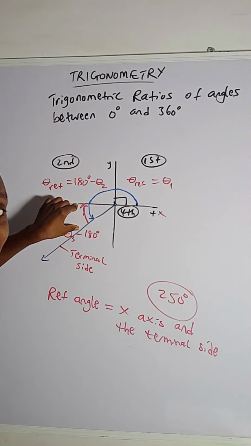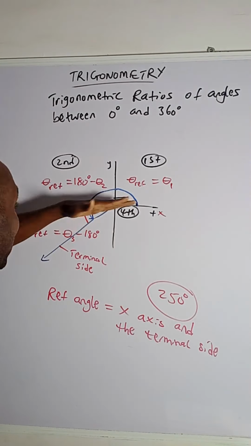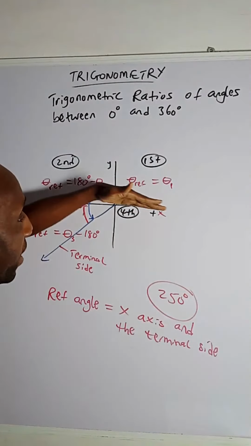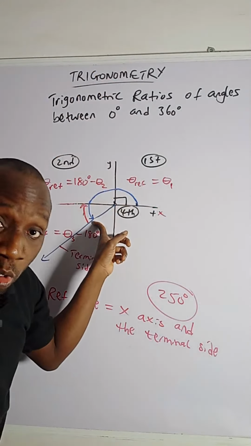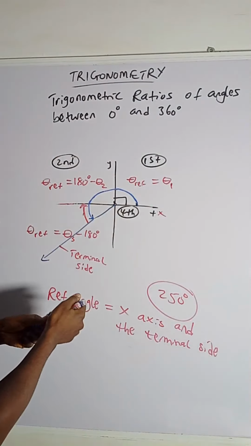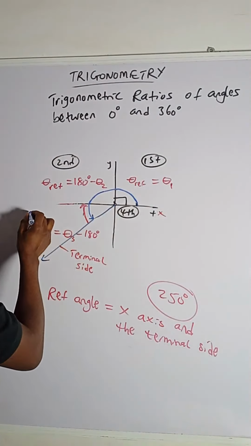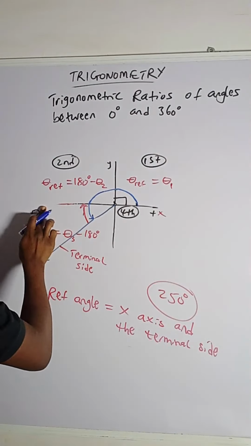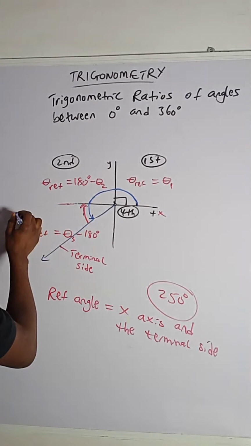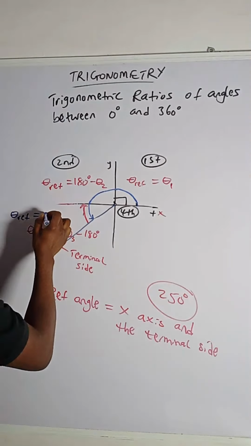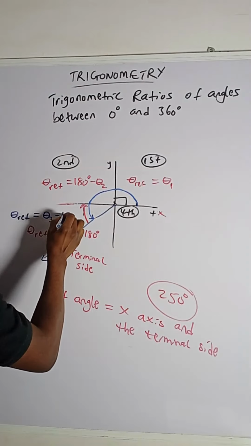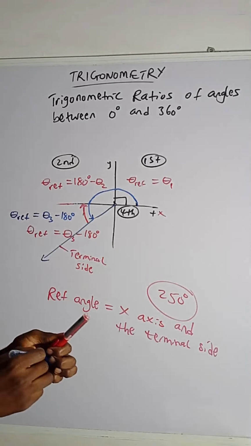You take away 180 because this angle is on a straight line, so you are taking it out of the complete angle that is in the third quadrant. So the reference angle is going to be the angle in the third quadrant minus 180 degrees. That's what you do.